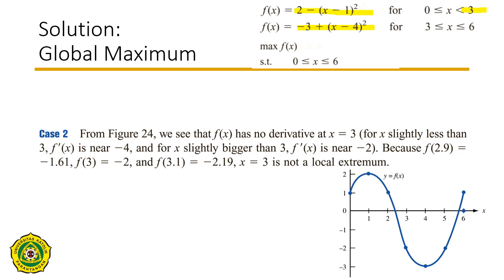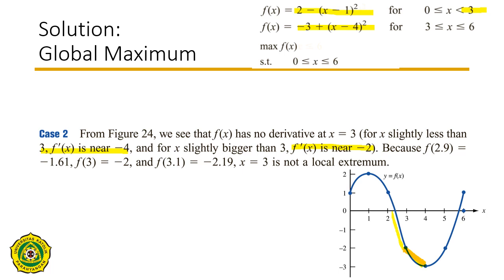If we check the gradients, then for x slightly less than 3, the gradient is -4, so it is decreasing with a slope of -4. But for x slightly bigger than 3, the gradient is -2. It's still decreasing, but it becomes less steep than before.